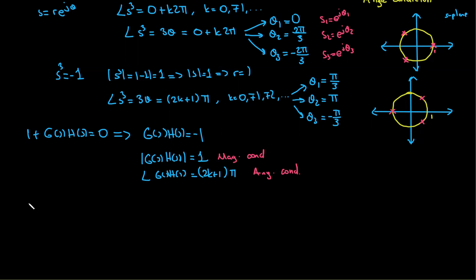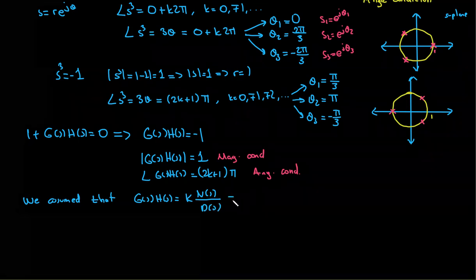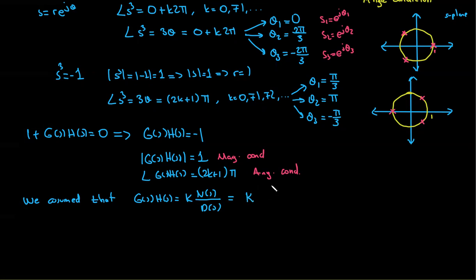Let me write it down explicitly. We assume that our open loop transfer function g is in the form of k times n of s divided by d of s. Let us have m zeros: s minus z1, s minus z2, and s minus zm.